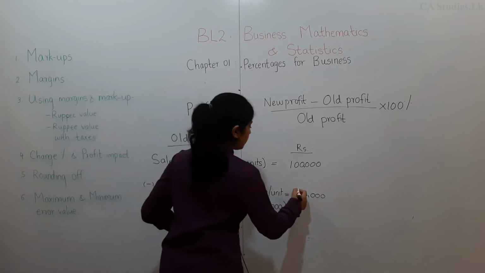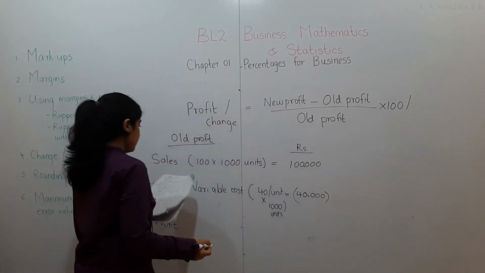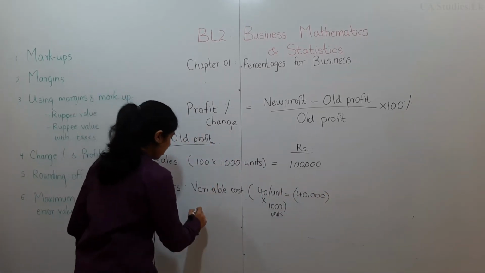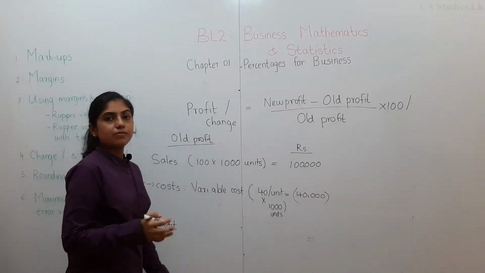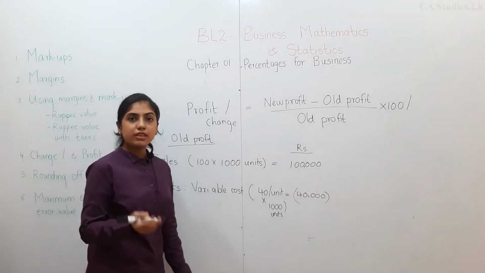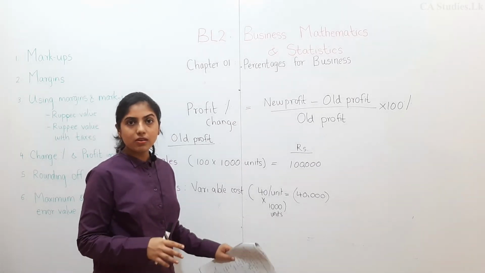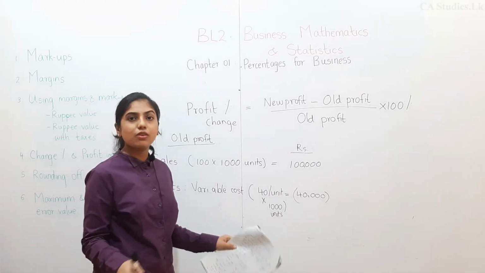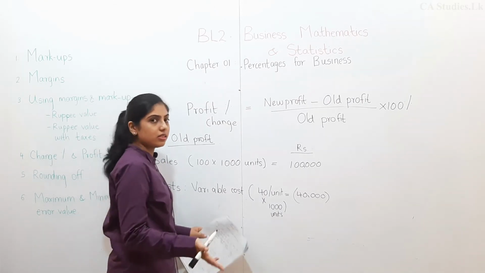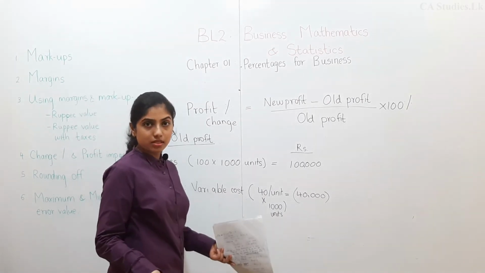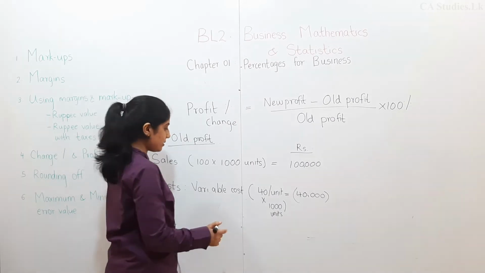So that's minus. Fixed cost 40,000, that is fixed, because as you all know, fixed costs do not change with the quantity. They are fixed irrespective of the quantity, like electricity bill, rent expenses, likewise.